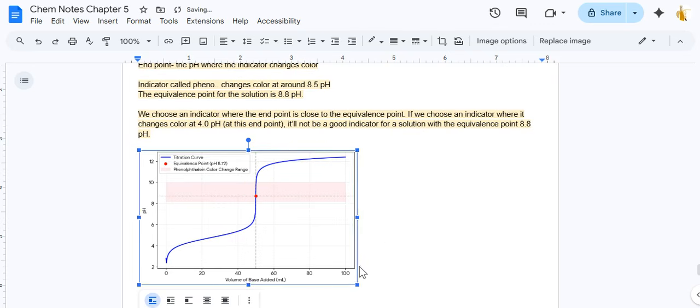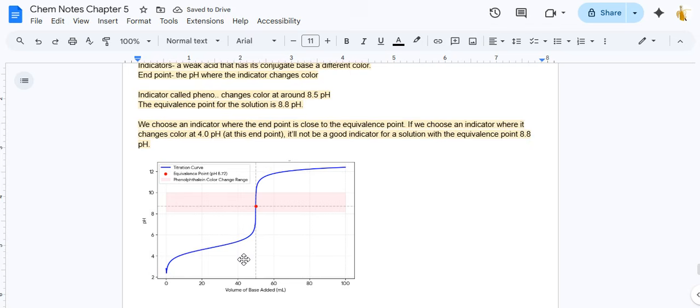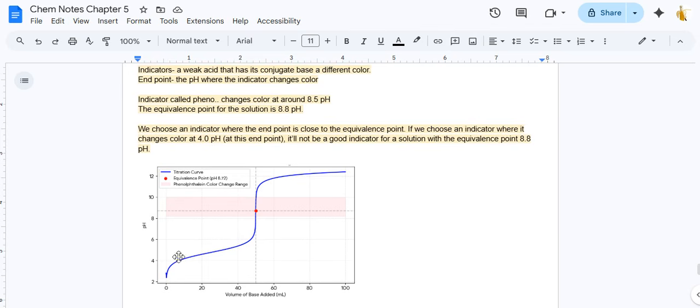So this chart is just showing the equivalence point. It's when moles of acid equals moles of base, so the pH changes drastically as volume is added.